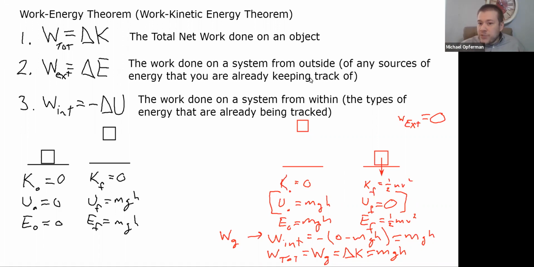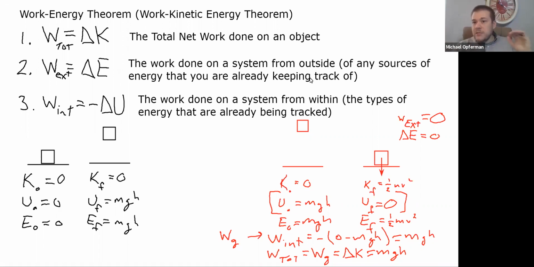So there's no change in the total energy of the system. We end up getting that the total energy change in the system is 0. The change in the gravitational potential energy is minus mgh. The change in the kinetic energy is plus mgh. And everything makes perfect sense. That's what happens in a conservation of energy type problem.